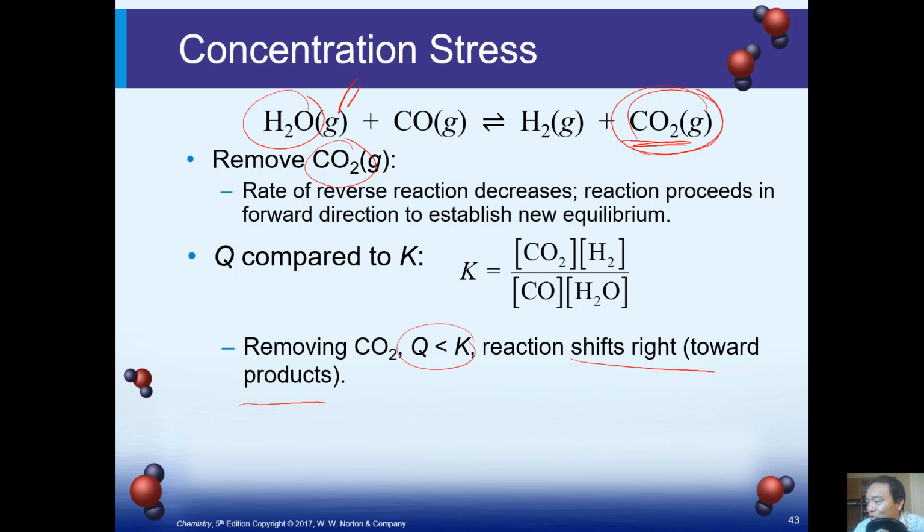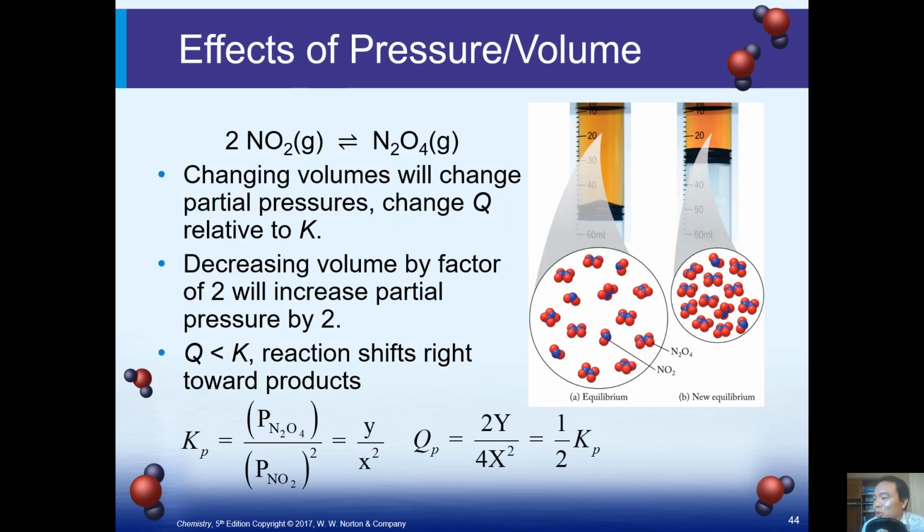In gas phase, I want to emphasize that if it's H2O liquid, the concentration will be a constant to begin with. It will not change the Q or K. All right, so here we have changed the reactants or products. So next, what about you change the volume?